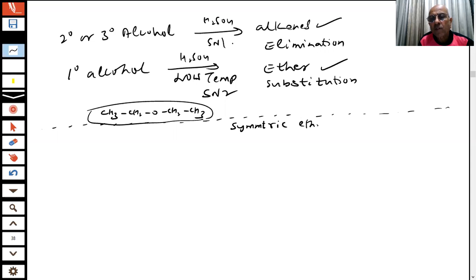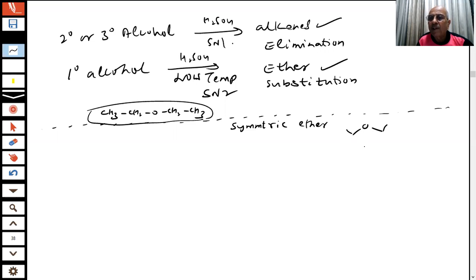What is a symmetric ether, student? When you have same group on both the sides. So here you are seeing that same groups are attached on both the sides, student. It is an example of symmetric ether.